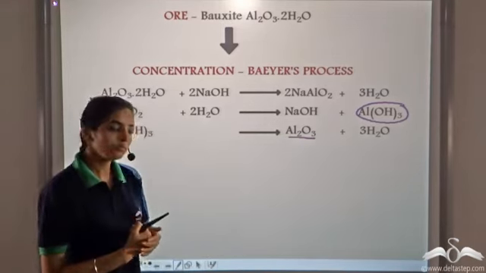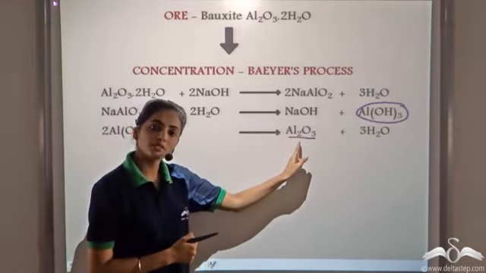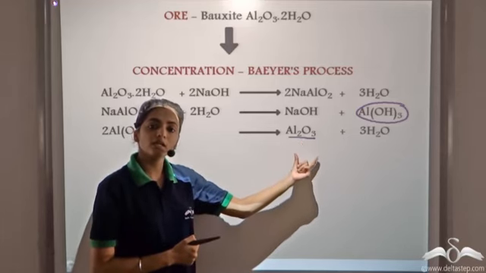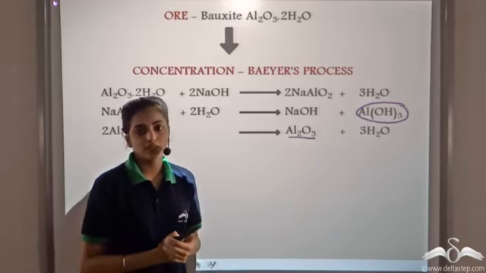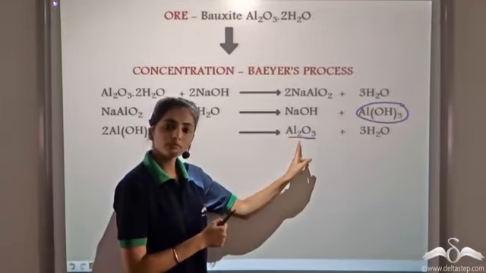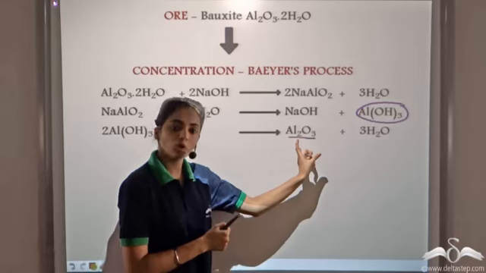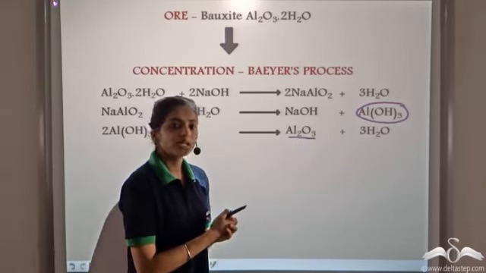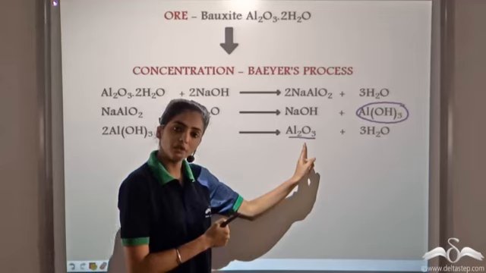Now our second aim is to reduce this oxide to get the pure metal. In this case, we have to carry out the reduction of alumina. In the metal activity series, we see that for the reduction of aluminium oxide, we have to carry out electrolysis. So we carry out the electrolysis of alumina.